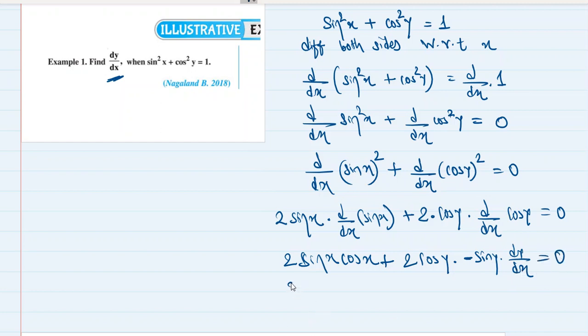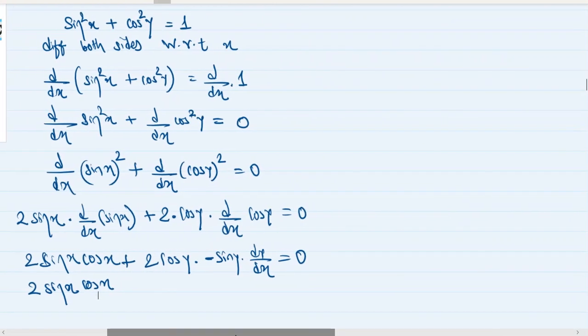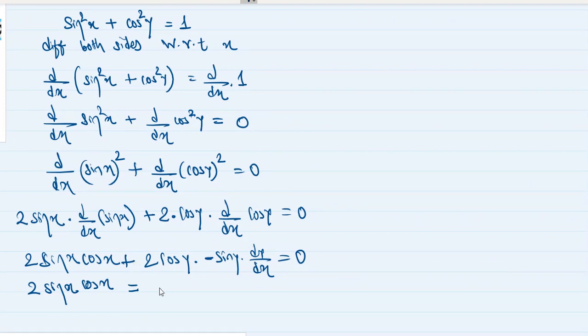Okay, so you get 2 sine x cos x, let me make some space. 2 sine x cos x is equal to, see, this is going to become minus. Let me write it as 2 sine y cos y dy by dx.